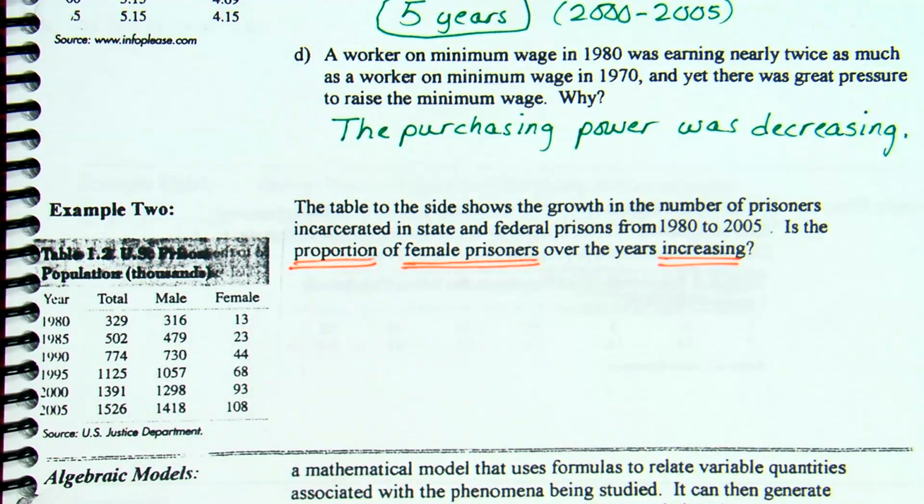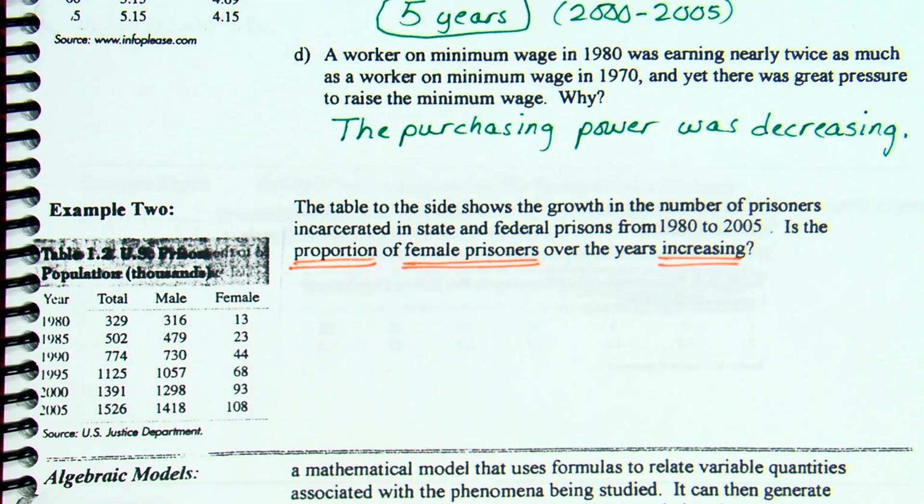So what do we have to do to figure out the proportion? In respect to what, though? The total, right?